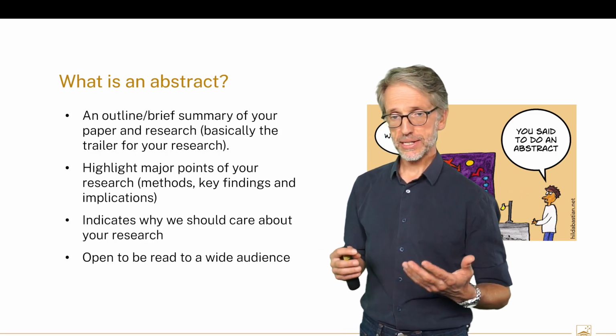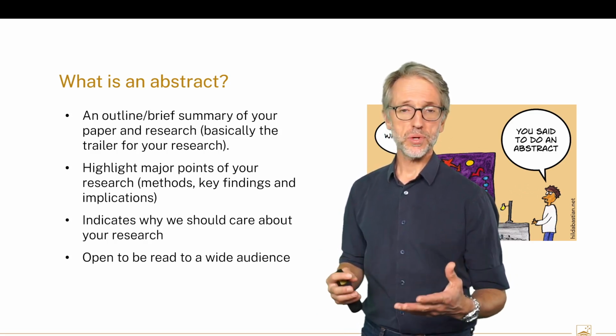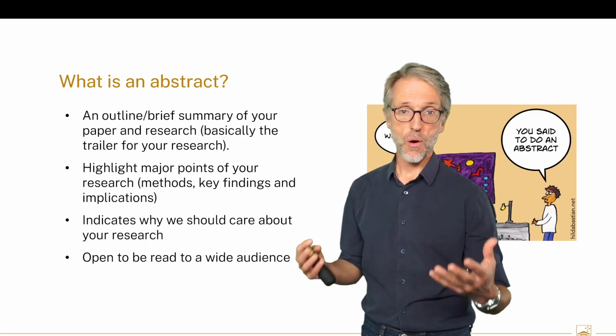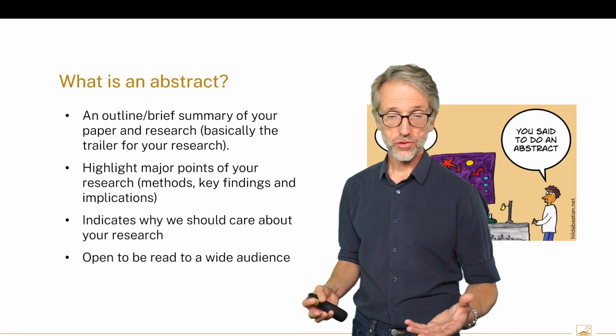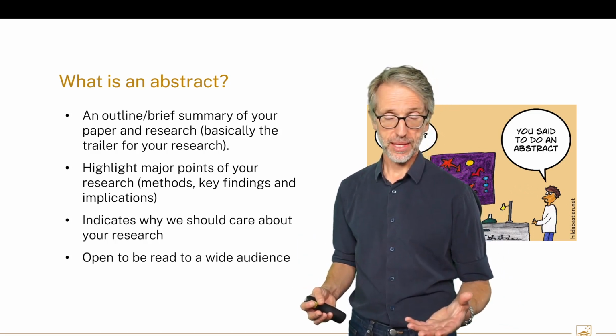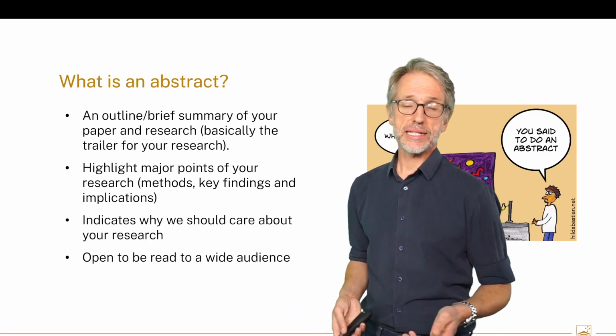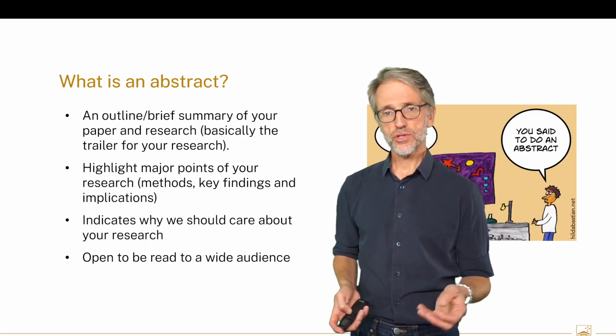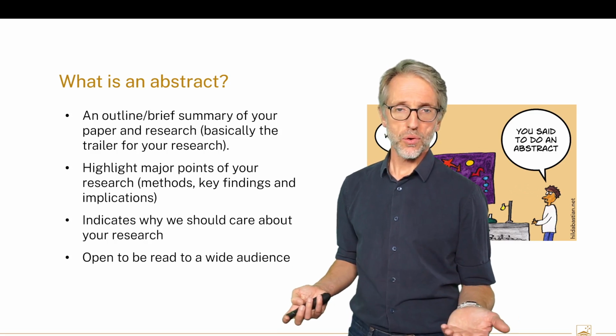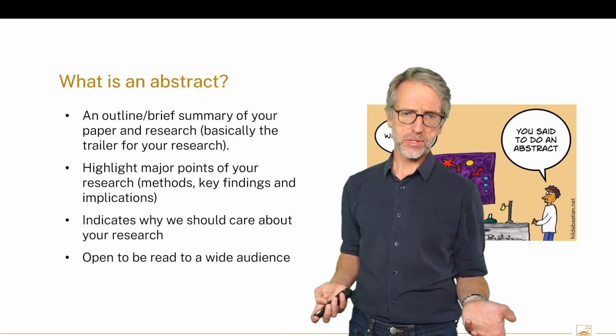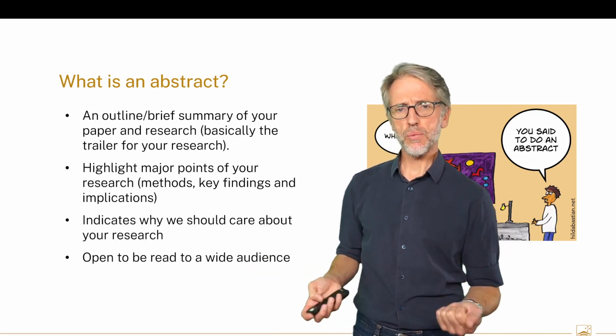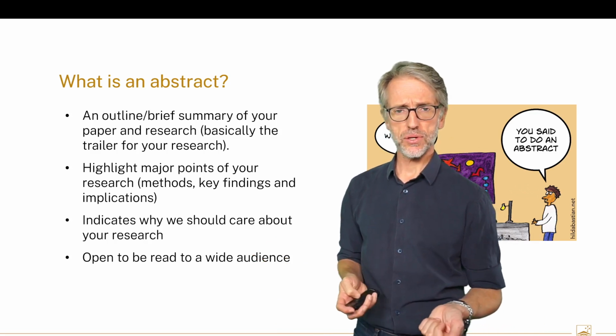So an abstract needs to help the reader understand why that order of magnitude should be invested. And the abstract itself needs to be legible, understandable to a wide audience. Now, we're not talking about every person off the street. We're talking about a wide audience in that research field.